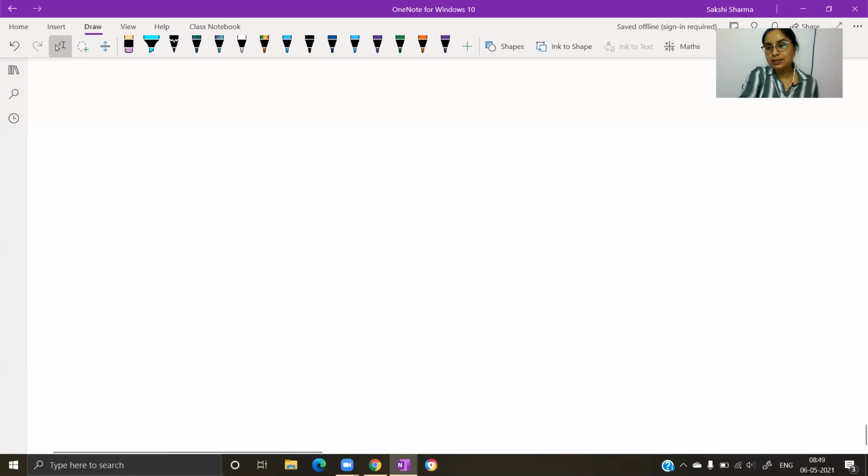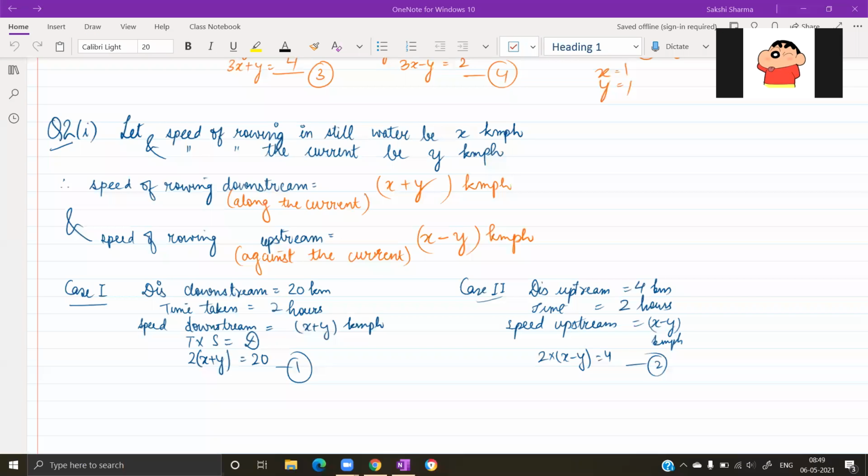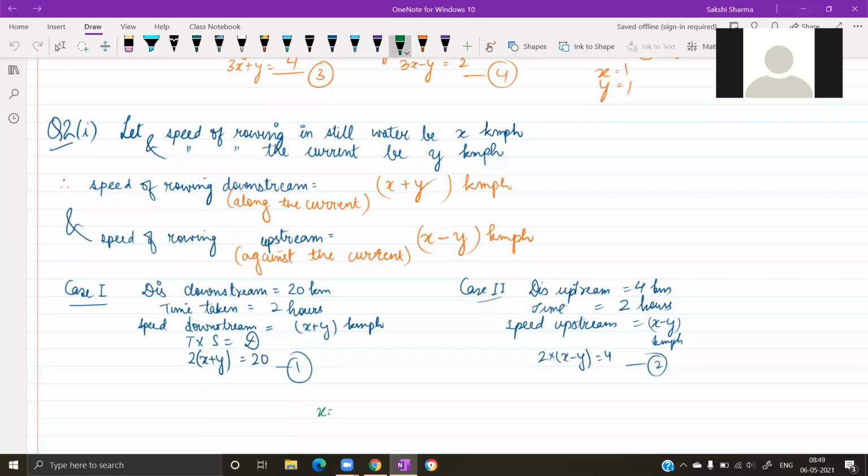If you have done it, x comes out to be 6 and y equals 4. So the speed of the boat is 6 kilometers per hour.